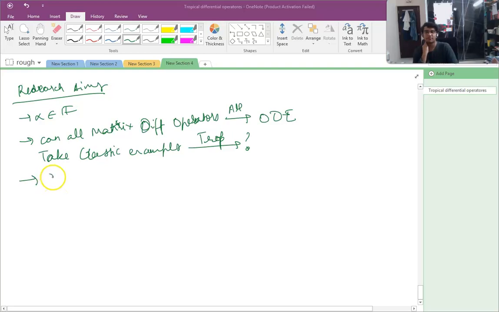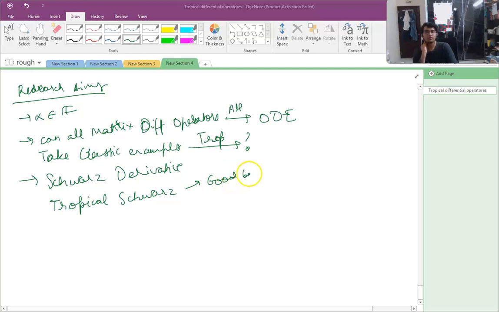And lastly, we take the Schwarz derivative, and we see if the tropical Schwarz derivative gives either a good bound or a good approximation.